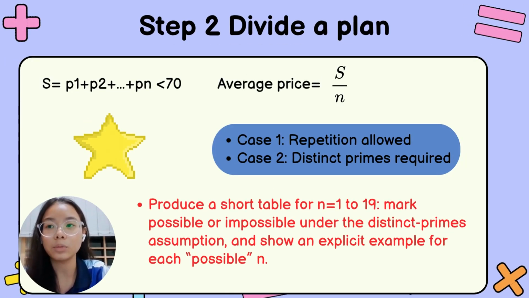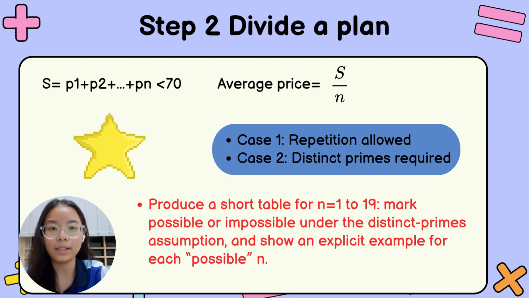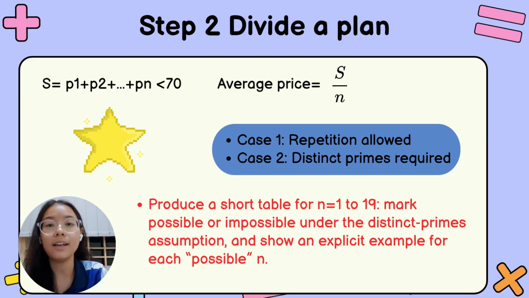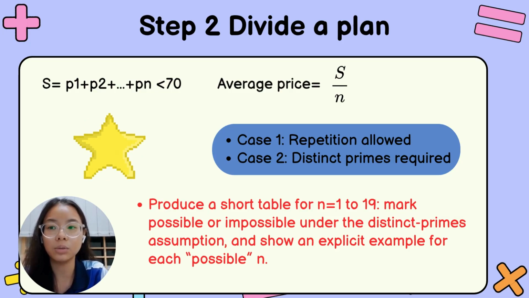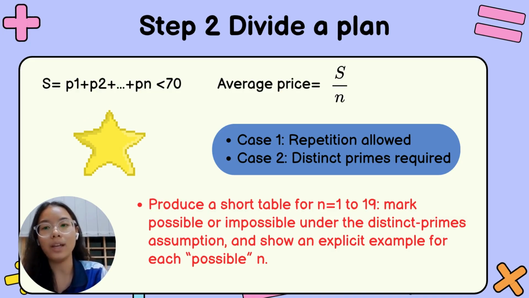Next, step 2, devise a plan. We must make a clear plan to test which value of n less than 20 can satisfy the given condition. In this question, we need to solve it under 2 cases. Case 1, repetition allowed, and case 2, distinct primes required. This is because the question does not specify whether repetition of primes is allowed or not.